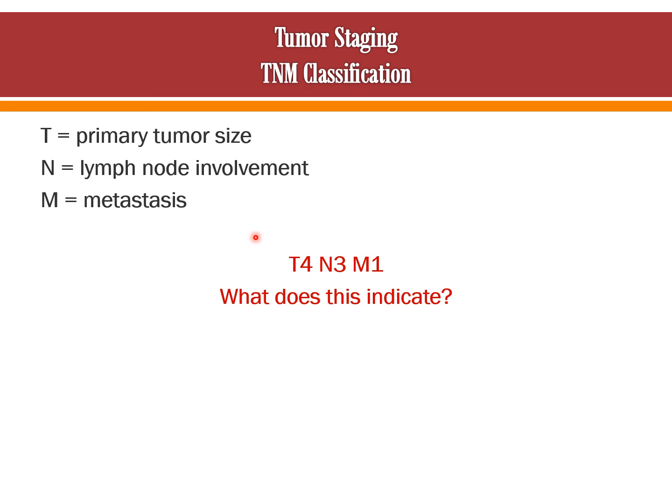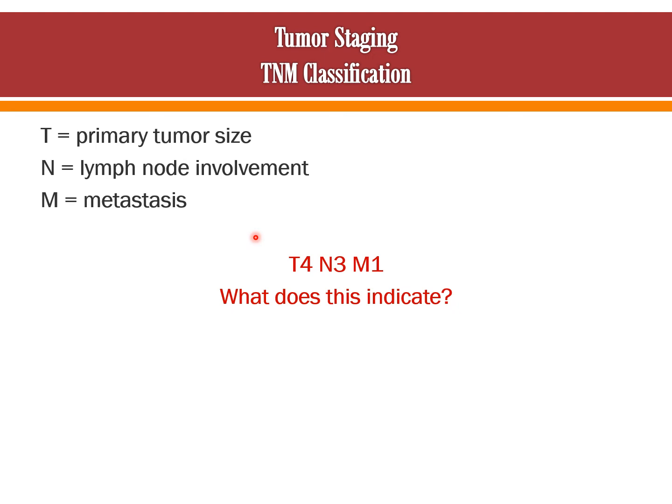You don't want them to say NX because that just means they don't know. But if they tell you N0, then you know there's no regional lymph node metastases. If they give you N1, N2, or N3, obviously N1 means just one lymph node is involved versus N3 meaning that 3 lymph nodes are involved. So now there's metastases there for sure, and this thing is spreading.